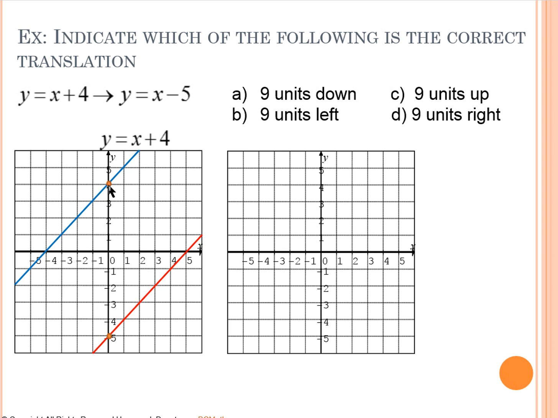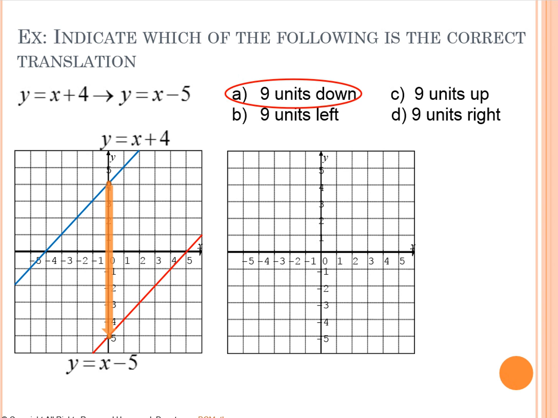Well, if I look at this point right here, and that point right here, what happened here? I actually moved how many units down? If you count all the units, I've actually moved the blue graph 9 units down. So one of the translations that has occurred is a translation of 9 units down.